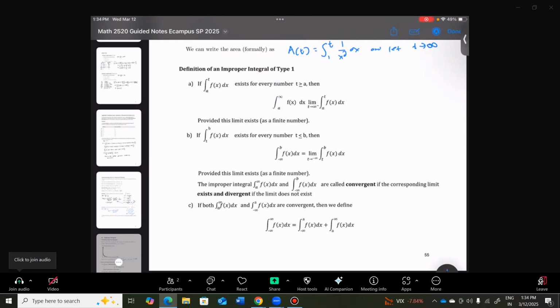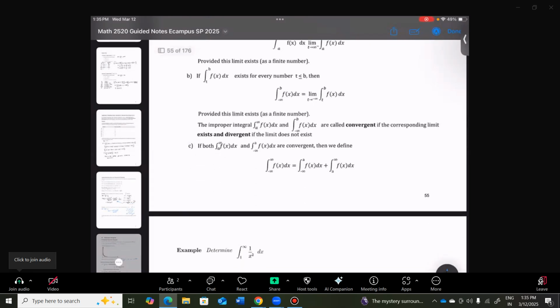And if both the integral from a to infinity and the integral from negative infinity to a are convergent, then the integral from negative infinity to infinity of a specific function is equal to the sum of those two integrals and will be convergent.